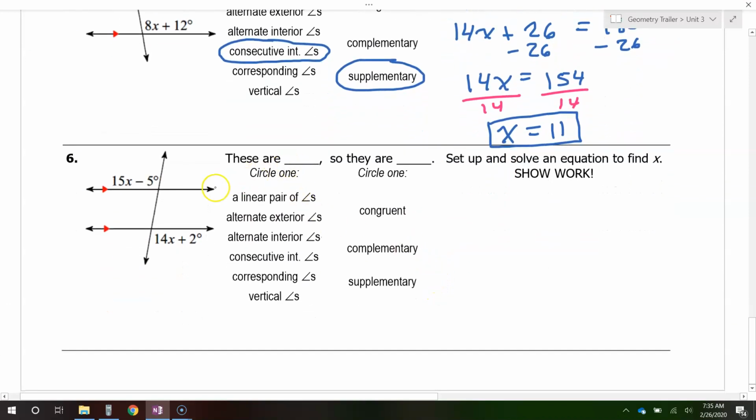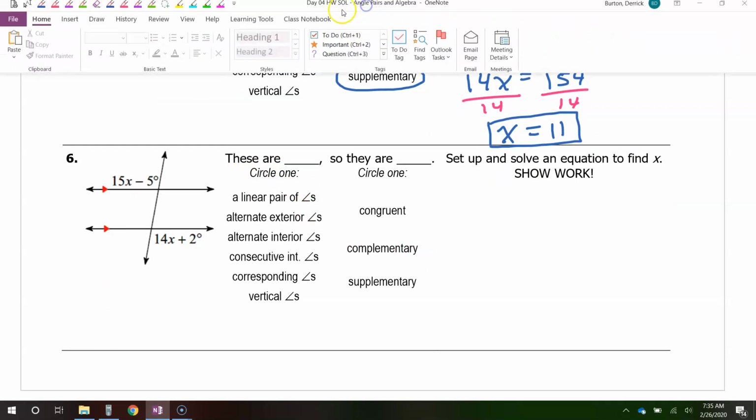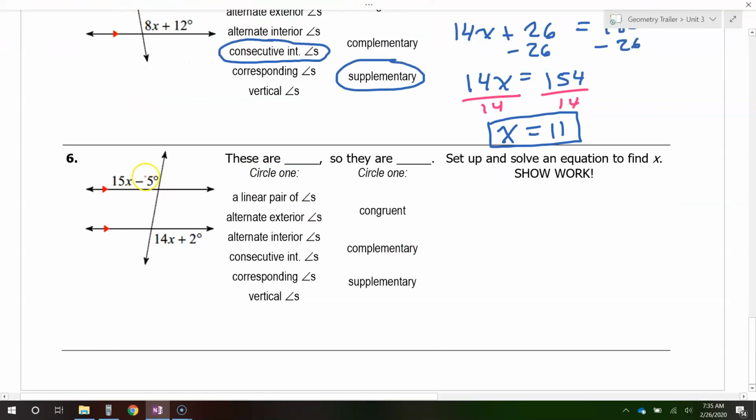All right, one more. So angles like these are called alternate exterior angles. They are exterior because they are not between the lines. This yellow part is the interior.